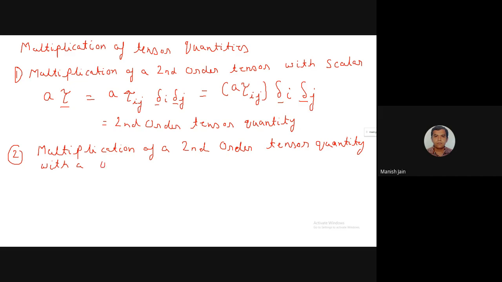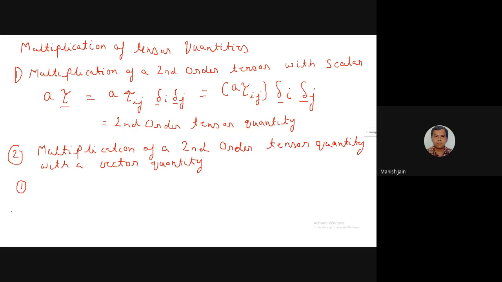There are three types of multiplication because there are three different operations that occur between vector quantities. First is the dyadic product.